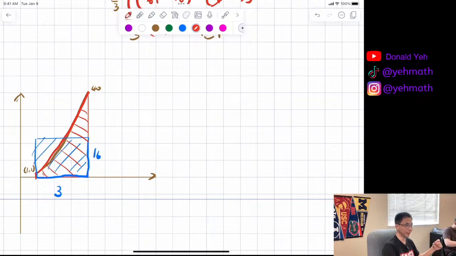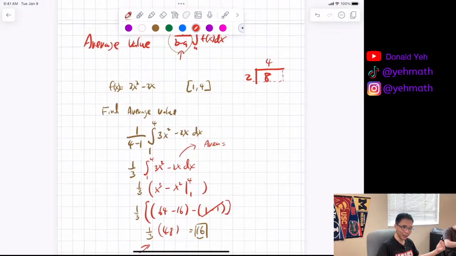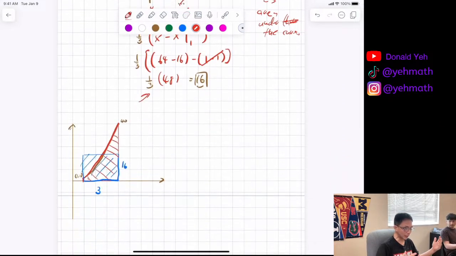Because we divided by 3, we take the whole area divided by 3 and find the average height. The way I think about it, the average value is very similar to the average height of a rectangle with the same area as the area under the curve. Exactly the same, because 3 times 16 is exactly 48. The area under the curve is 48.